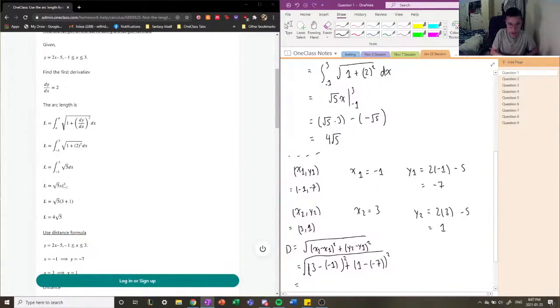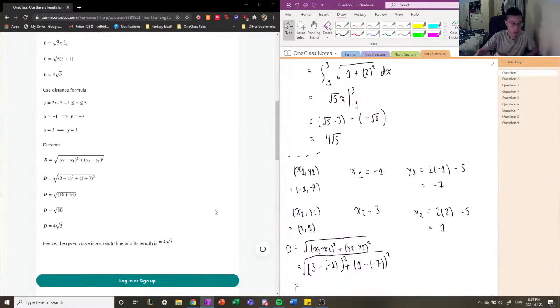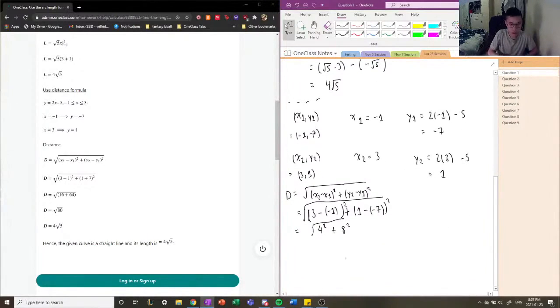If we calculate that, we get the square root of 4 squared plus 8 squared, which is the root of 80, and its radical form is 4 root 5.